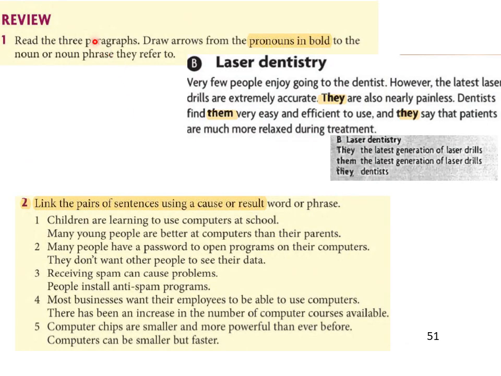In the last part of Unit 8, in the review, they review the use of pronouns to avoid repetition. Here they ask you to draw an arrow or link the pronoun in bold to the noun or noun phrase they refer to. In example B, the pronouns highlighted in bold are they, them, then they.